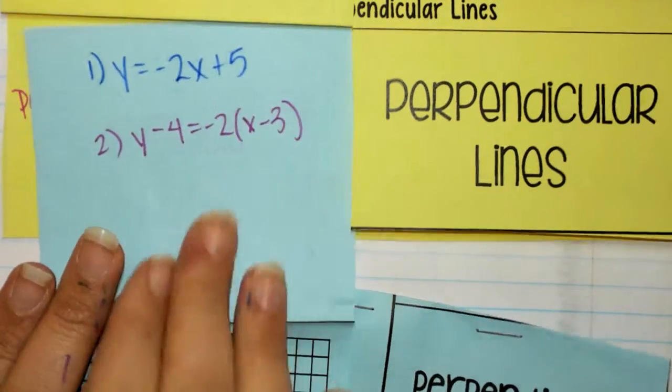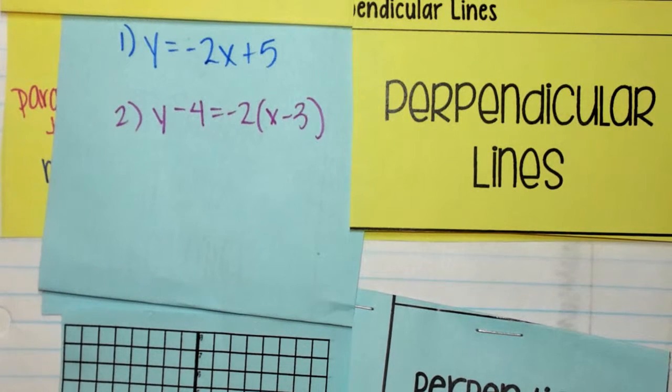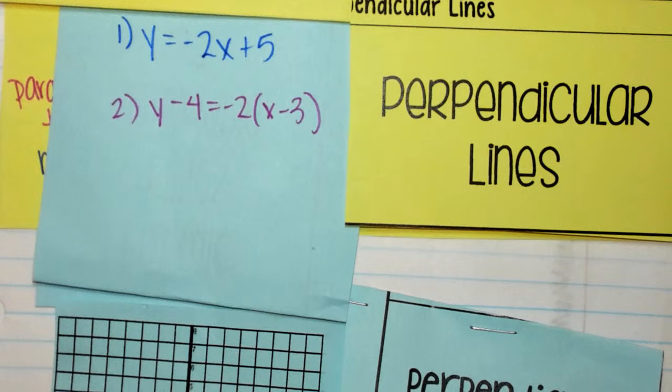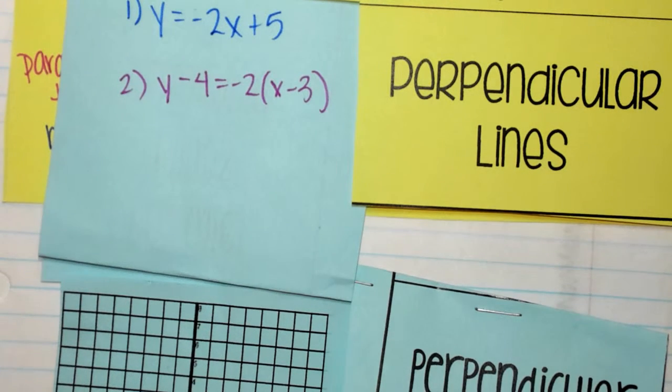Other people are already writing. Come on, guys. Let's go. Not yet. Hang on. This is on the blue part at the top. But don't graph yet, Tariq, even though I know you know how. Just wait a second.